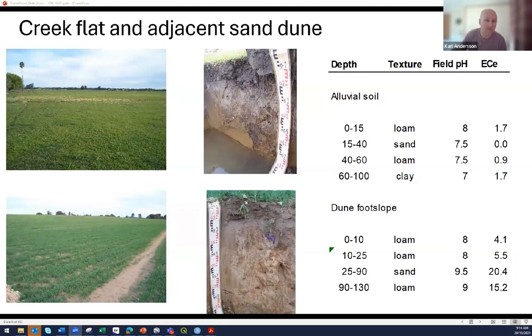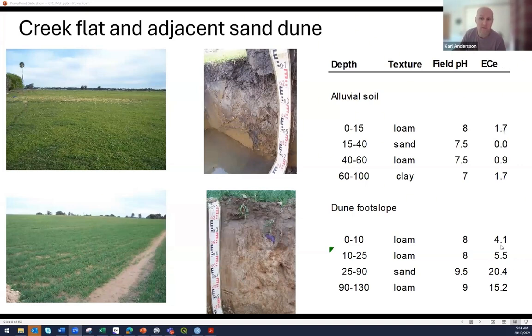interesting thing here, we've got our dark layer at the top, and I'll come back to this thing here where we can see this purple layer, purple material. That's showing a bit of a pH indicator, which shows up as bright purple in this case, where it's alkaline, high pH, and we can use that as a bit of an indicator in our soil. The thing that was interesting here is that we've got a big difference in pHs, big difference in texture, and a difference in salinity as well.